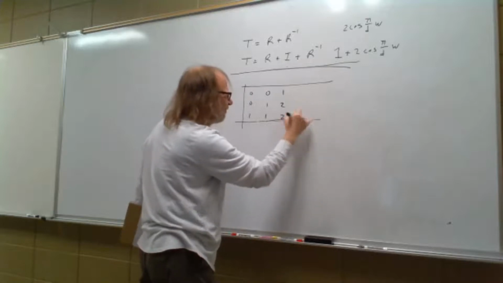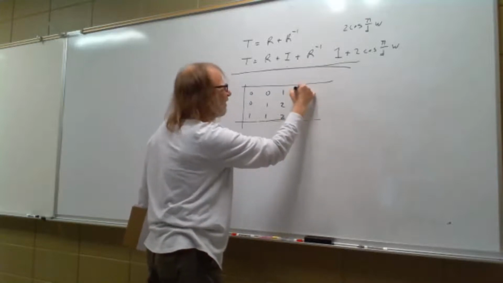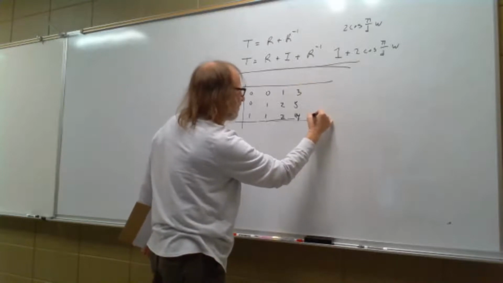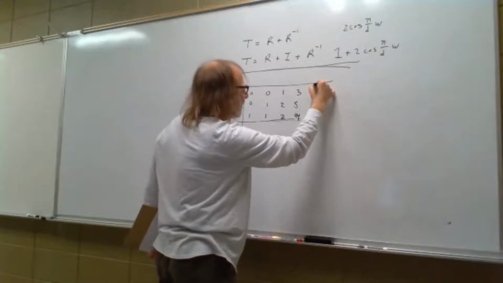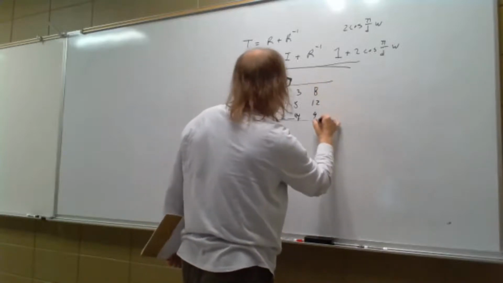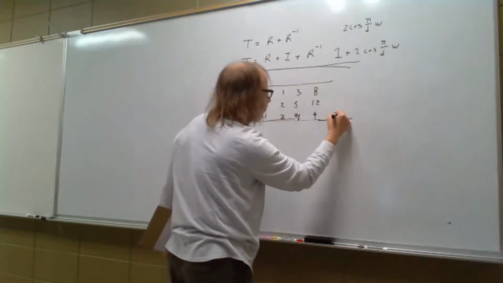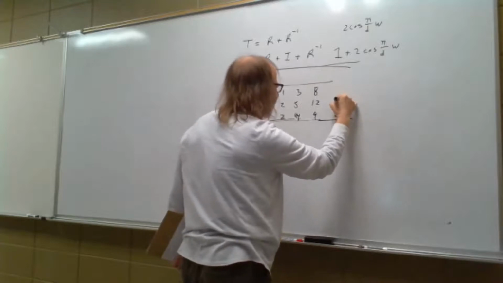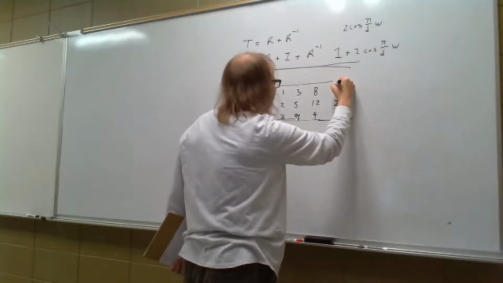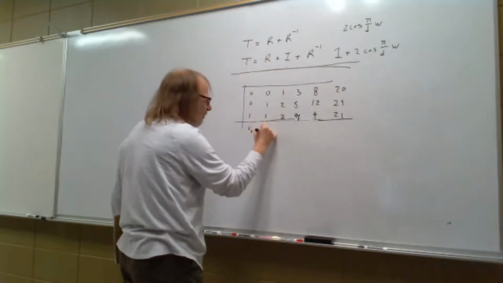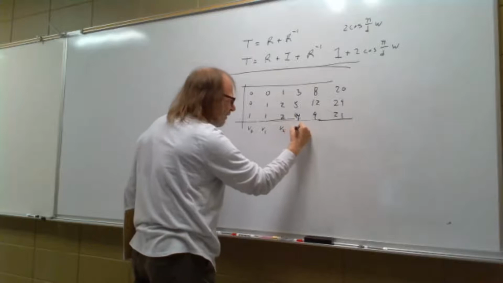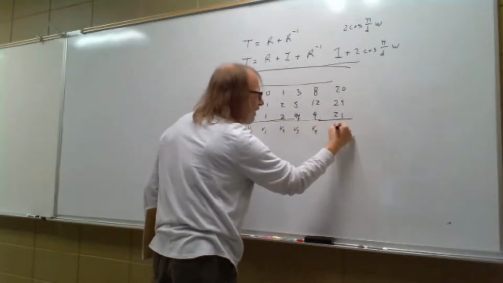Shaun, you can, yeah, 4, 5, 3, and 9, 12, 8, and I think I need one more. Okay, 21. Oh, 29, and 20. So that's state 0, 1, 2, 3, 4, 5.